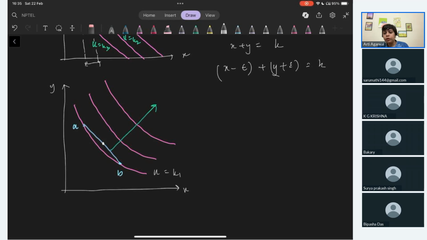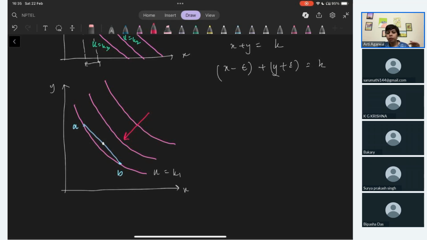Okay. And the geometric way of checking whether it is convex or not is this, that if you join 2 points on the indifference curve, the points on that line segment should be on the side of utility being more or higher, not less. So in this case, if I just invert this arrow, and make the arrow go the other way, and utility is increasing in the opposite direction, then it will not be convex.